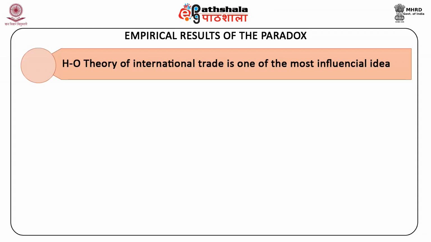The HO theory of international trade is one of the most influential ideas in international economics. Therefore, it has been a subject of extensive empirical testing. The most important empirical testing was done by Leontief on US data.